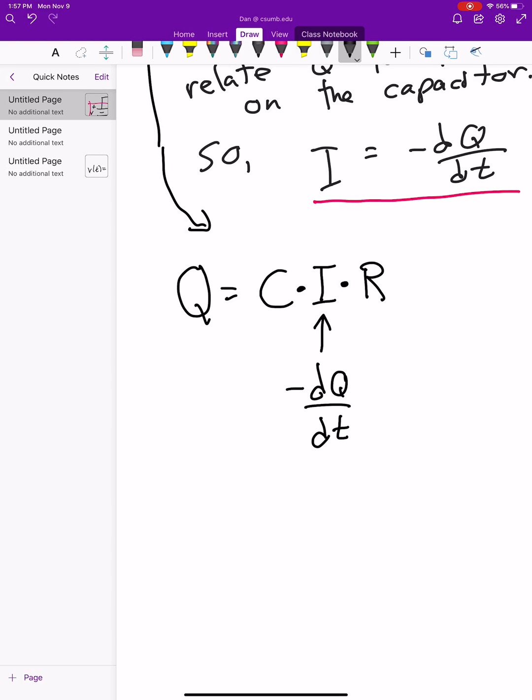So this becomes what we know as a differential equation, where you have a quantity q that's related to some constants, which are these, times the derivative of that quantity q, and there's a negative sign in there too.